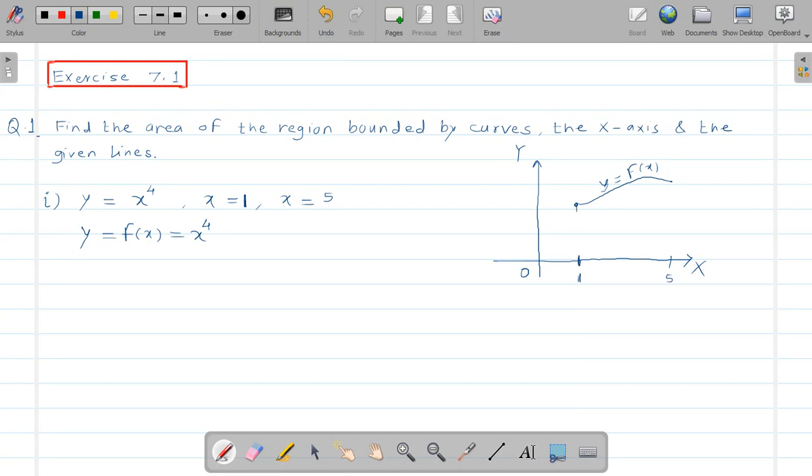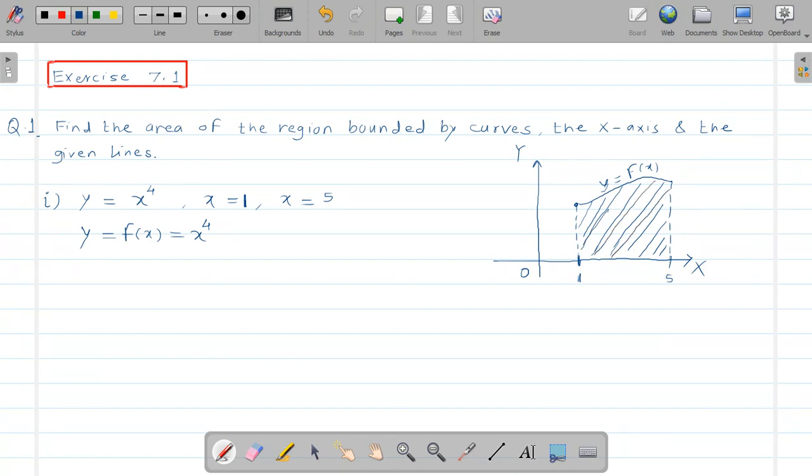Now it is bounded by the x axis, from 1 to 5. Then what do we have to find out? We have to find the area of the region bounded by this curve and the x axis, meaning the area of this shaded region.